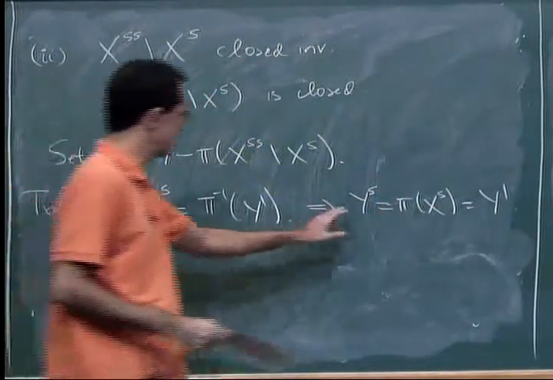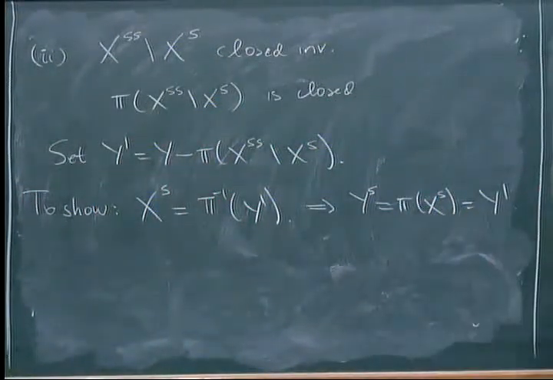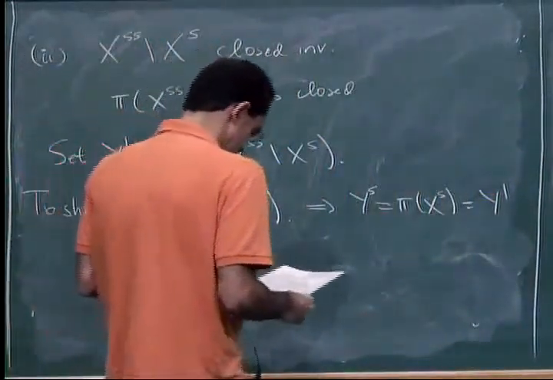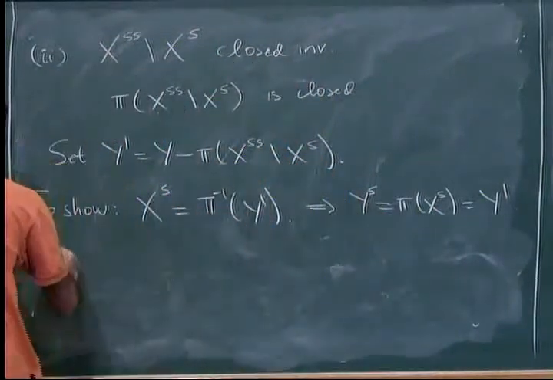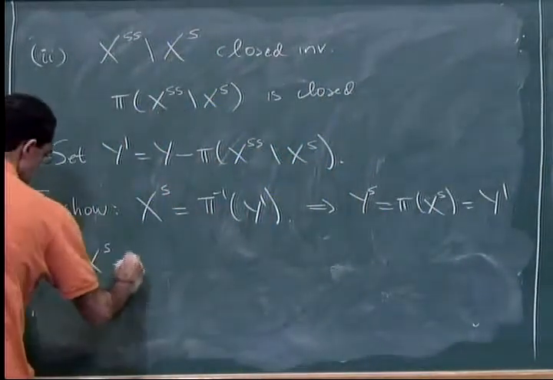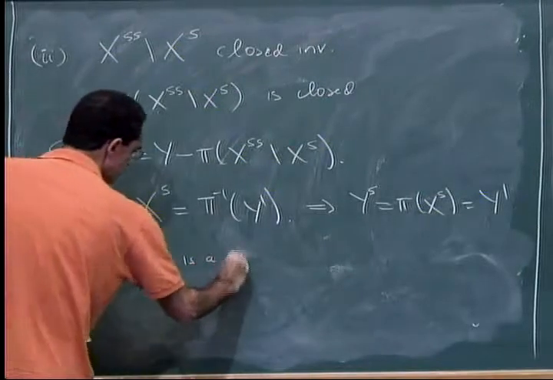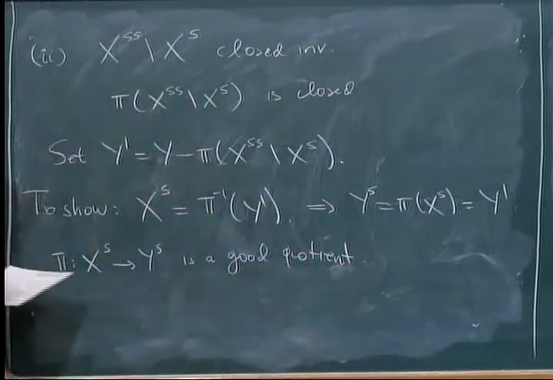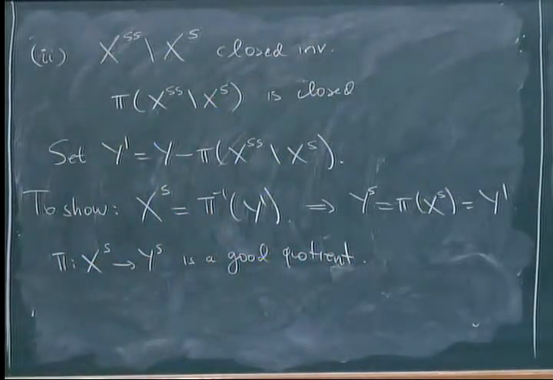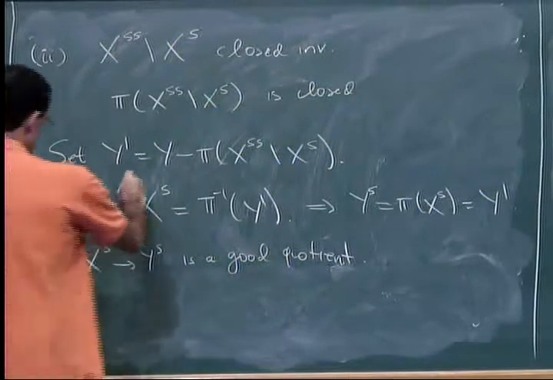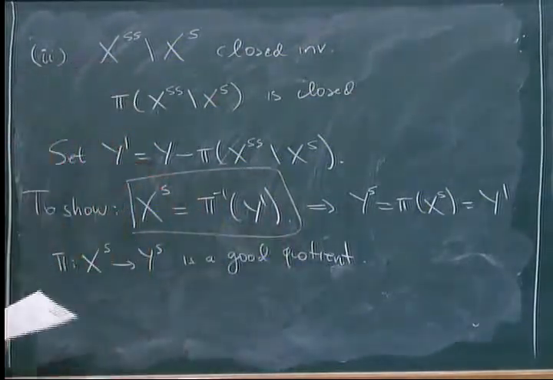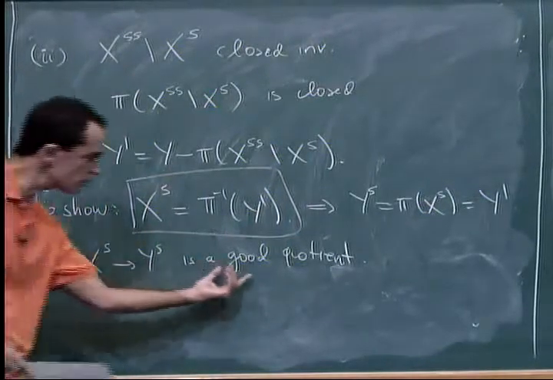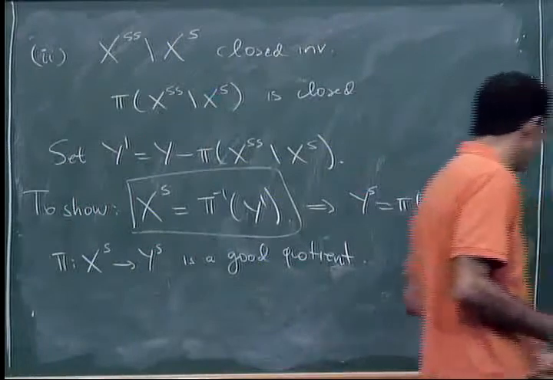So that tells you that YS is open, and it tells you that XS is the inverse image, and it tells you that this is a good quotient. Okay? All right, so what we have to show now is this, and the fact that it's not just a good quotient, it's a geometric quotient. The fact it's a good quotient is because of that local property I told you about.